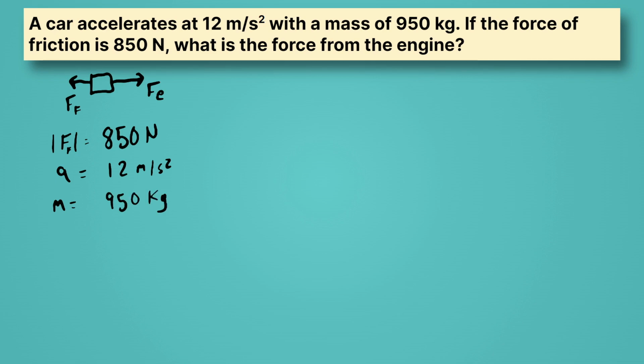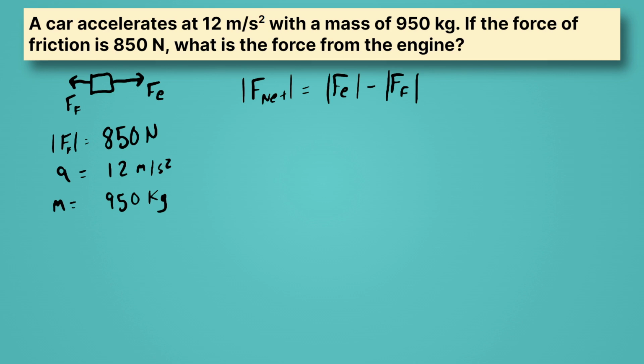Now, we're going to move on to writing the net force equation. The net force equation tells us that the force net is equal to the force of the engine, which pulls it forward, minus the force of friction, which resists that motion. These are all magnitudes, so I can put my vertical bars here to remind myself that these are magnitudes of forces. Okay, next, what am I going to do?